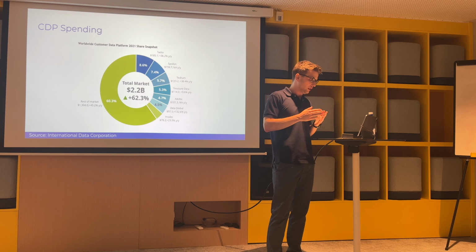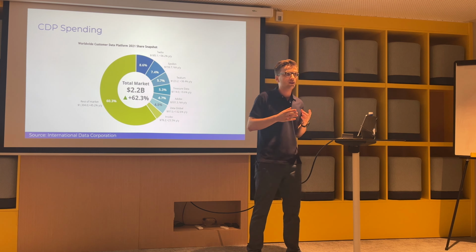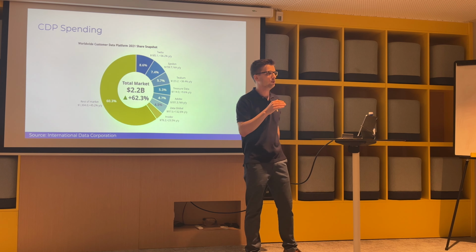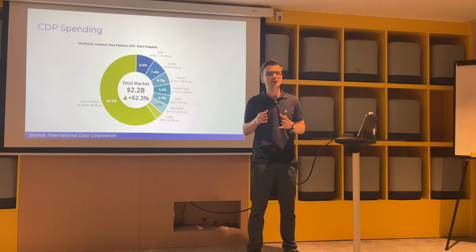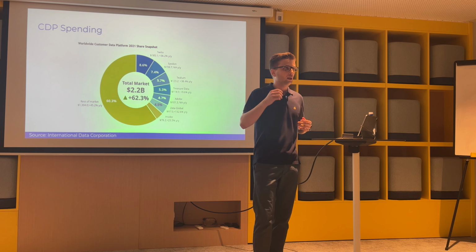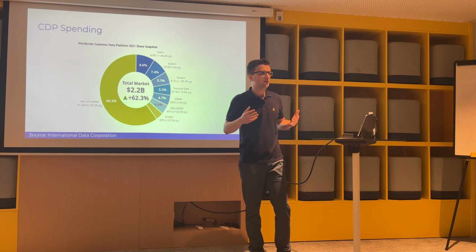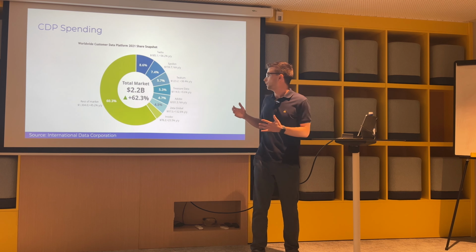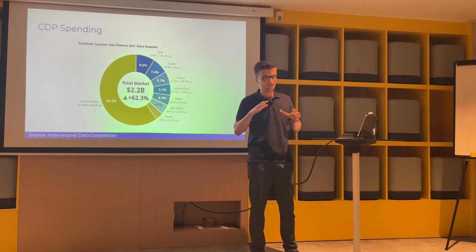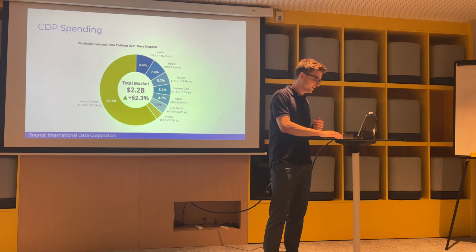According to International Data Corporation, this market is valued at 2.2 billion, and in '21 it has grown by 62%. We don't have the data for '23 yet, but we have no reasons to believe that the trend will not continue unless it is affected by the current economic conditions.